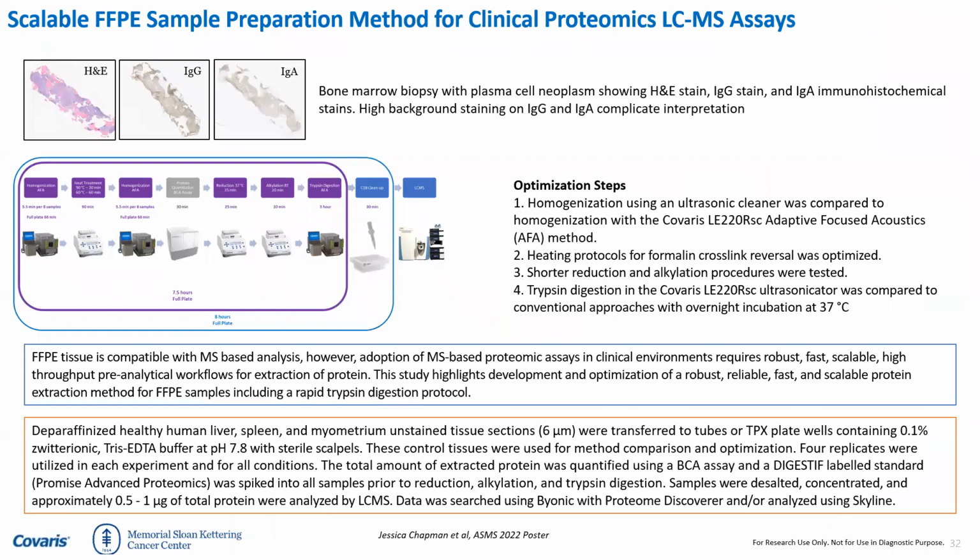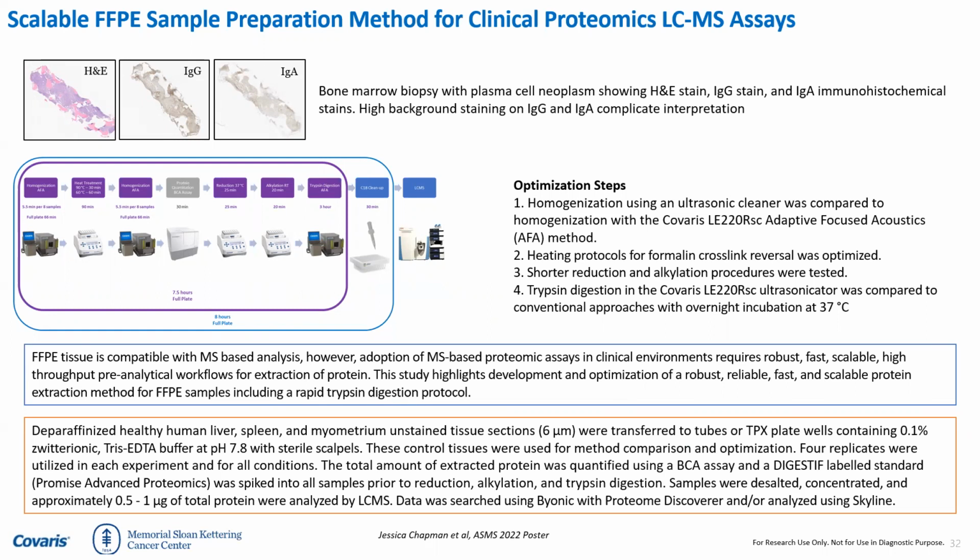This is a publication that's still not out, but it was a poster that was presented by Jessica Chapman from Memorial Sloan Kettering in New York. She presented it at ASMS this year. So she's looking at different kinds of tissues. She's also looking at IgG proteins and IgA proteins. And she has this whole workflow where she's using AFA at every stage.